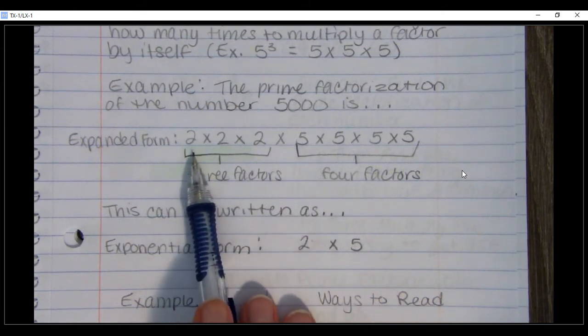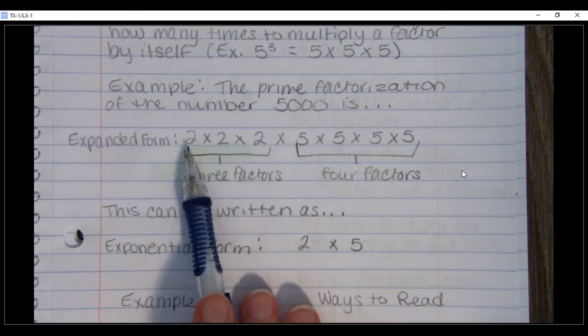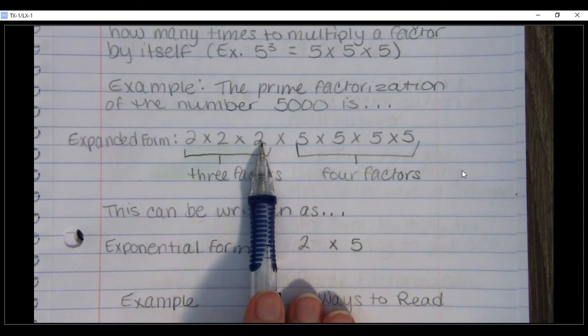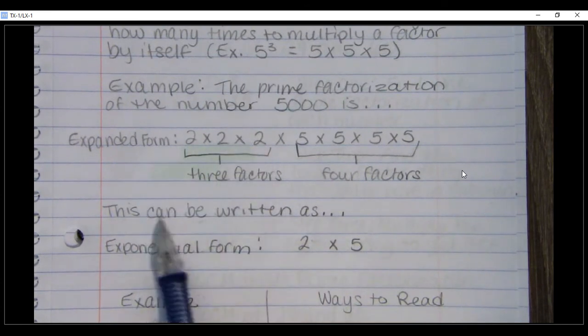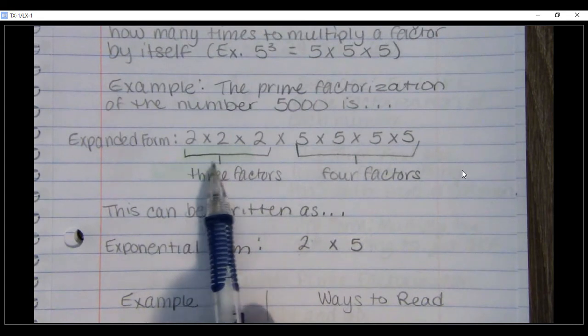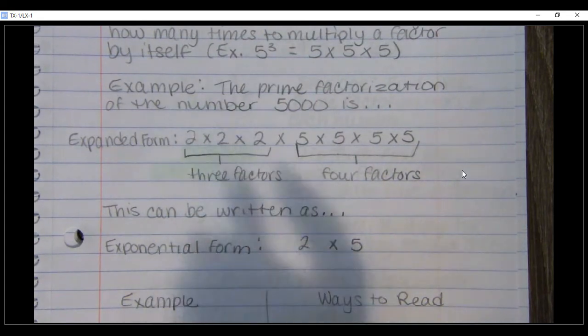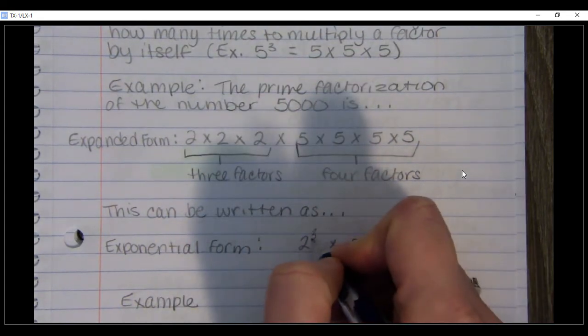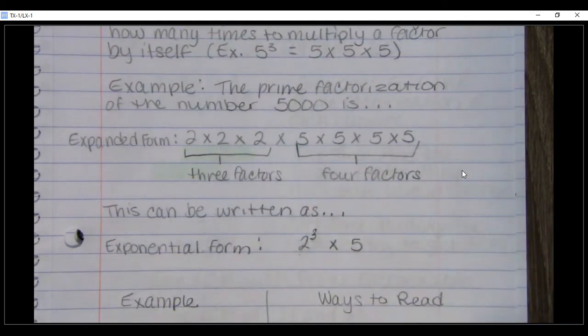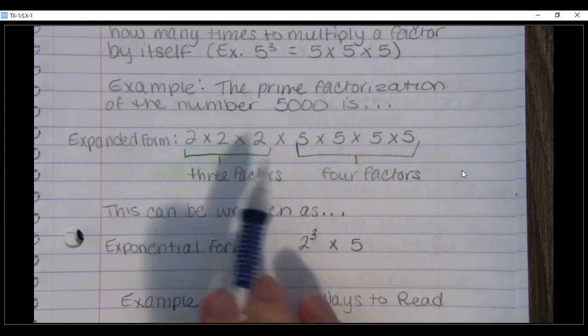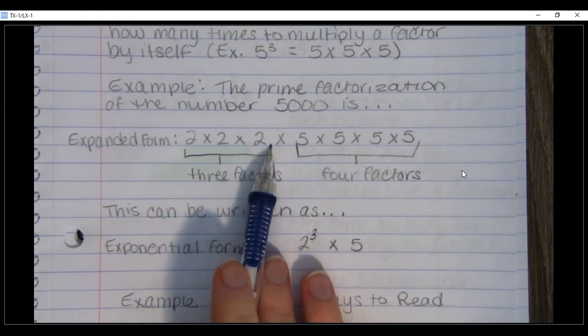I see that 2 is being multiplied by itself 3 times. So we can write this with our base, which is 2, because that's the number being multiplied by itself, raised to the third power. So 2 to the third power is the exponential form of 2 times 2 times 2.